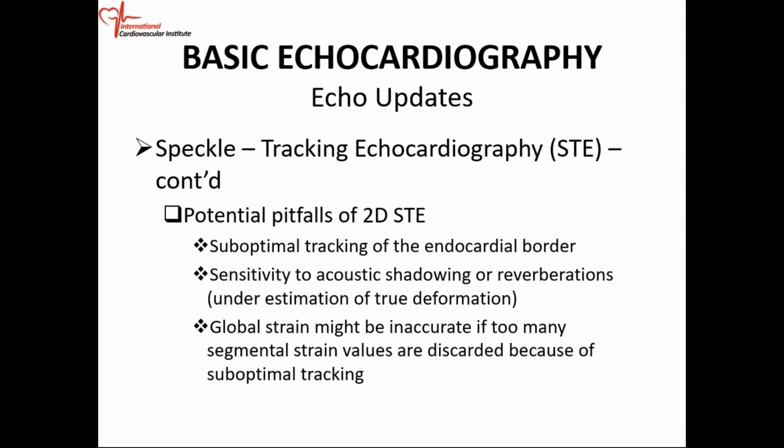You have a sensitivity to acoustic shadowing and reverberation. So therefore, with a poor study, you're not going to get a very good speckle tracking echo. Global strain may be inaccurate if you have too many segmental strain values that are discarded, because remember, you're going to discard some of the segmental strain if they're suboptimal. So if you discard too many of them, then the global strain is not gonna be accurate.